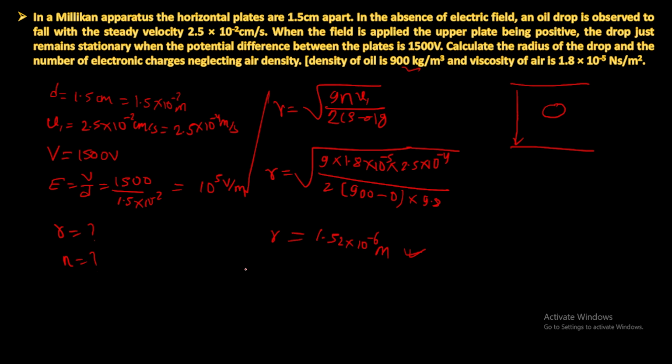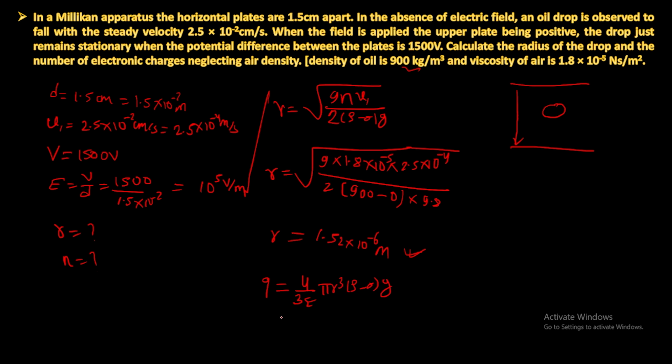We have to find the radius, and the second part is to find the number of electrons. For the number of electronic charge, neglecting the air density, we have to find the total charge Q equals 4 by 3 e pi r cube rho minus sigma g.